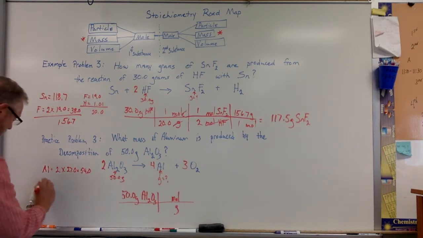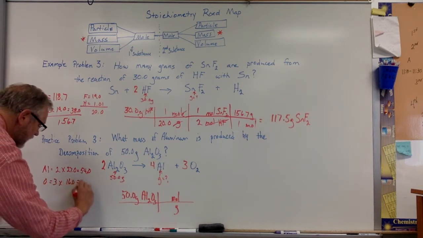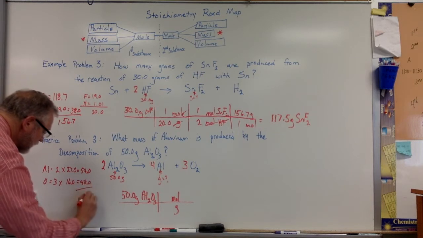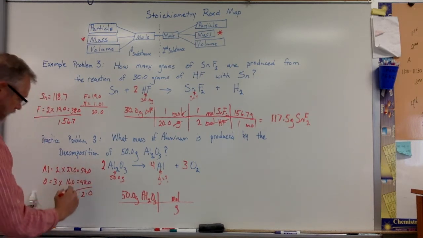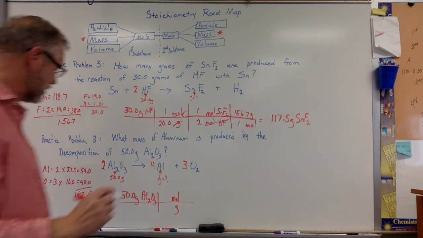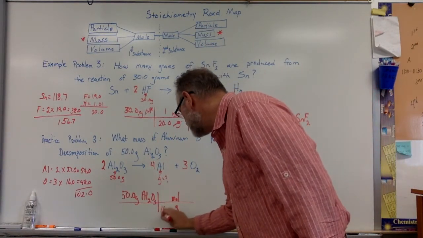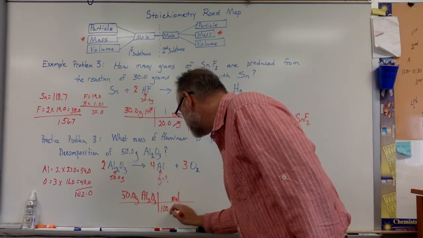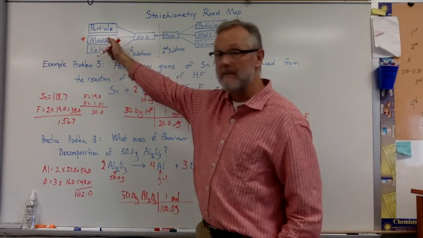Then I have 3 oxygens times 16.0 is 48.0. So I'm going to get a total of 102.0 grams per 1 mole. So we're just going to put that in, 102.0 grams per 1 mole. So guys, I just went from mass to moles.